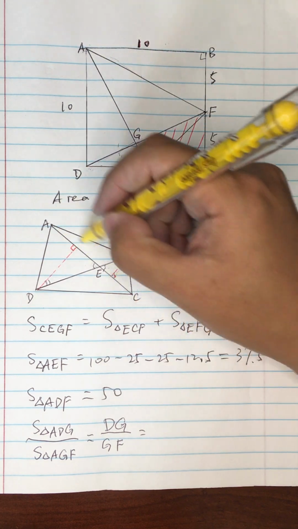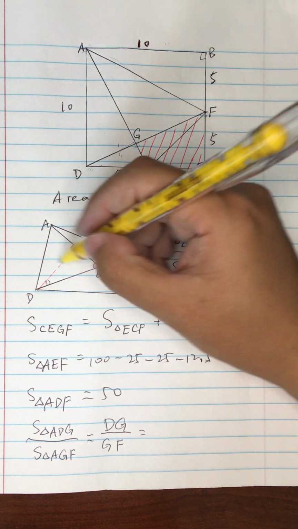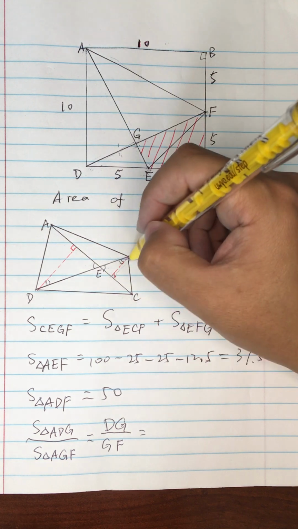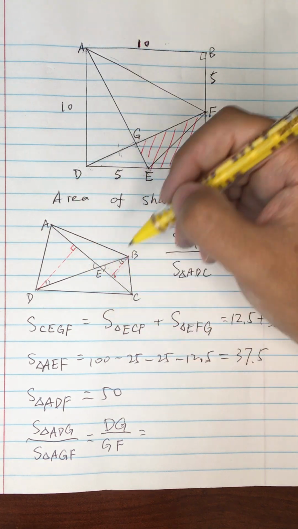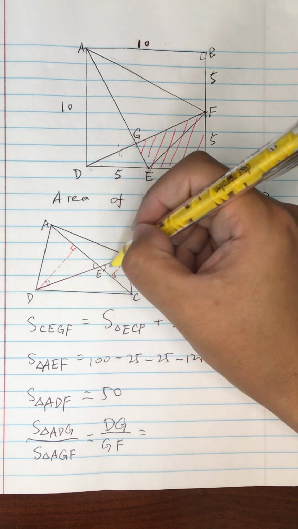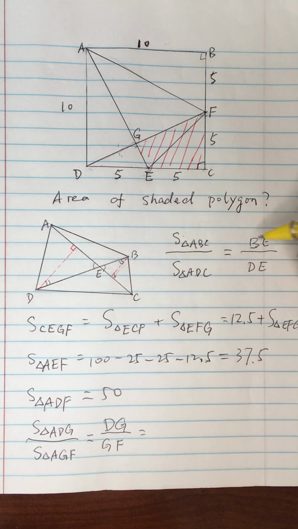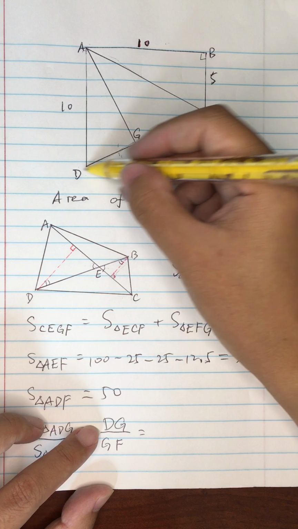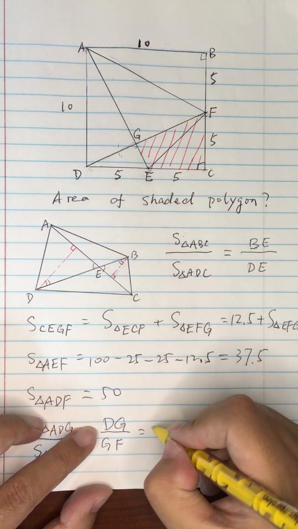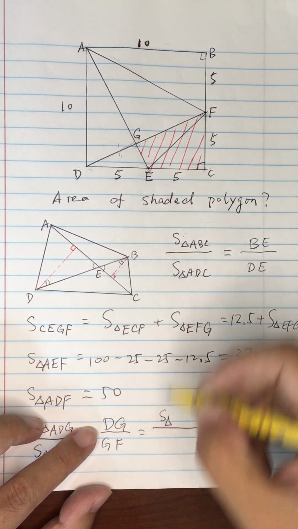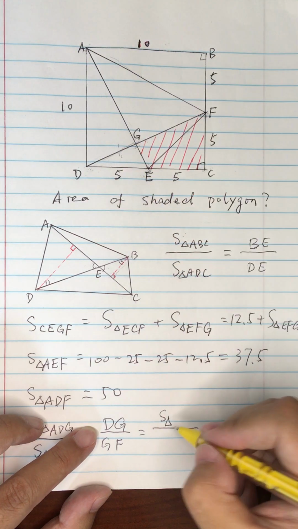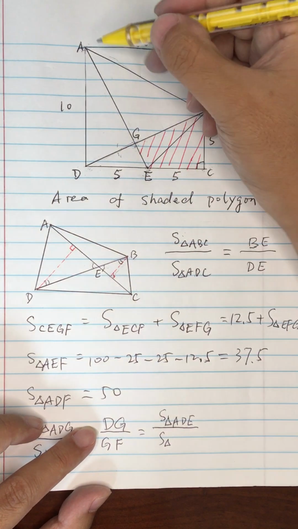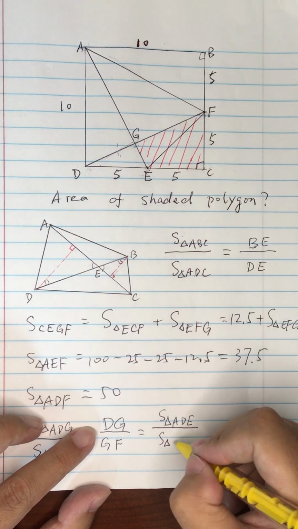AC is the shared base, so the ratio between the areas of the triangles is going to equal DE over EB. So the same situation over here. DG over GF is going to equal the area of ADE over the area of AEF.